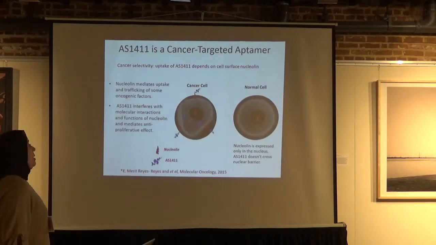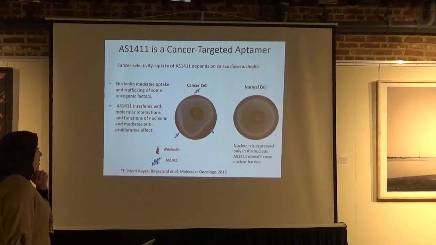So in normal cells, nucleolin is expressed inside the nucleus, and ES1411 doesn't cross the nuclear barrier. But in cancer cells, nucleolin is expressed on the cell surface and in the cytoplasm, and it mediates uptake and trafficking of some oncogenic factors.